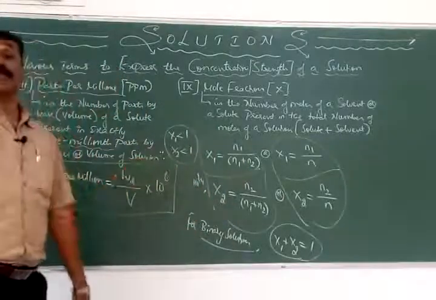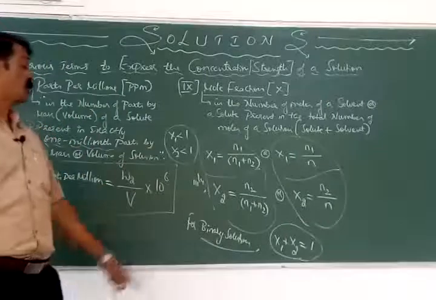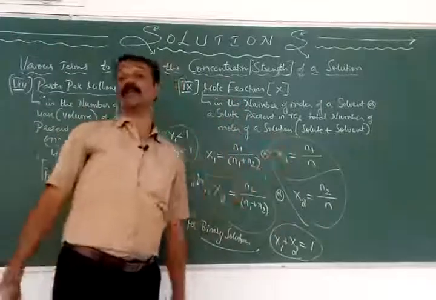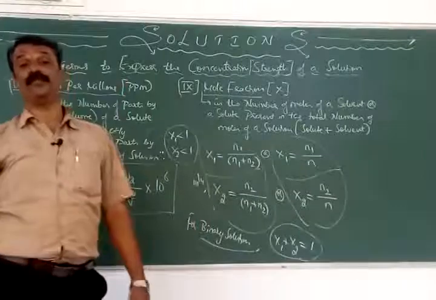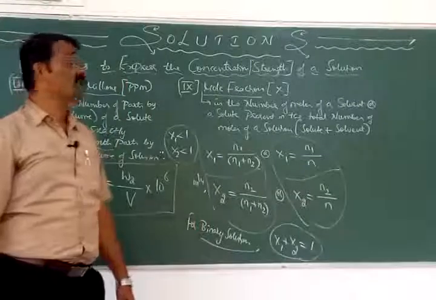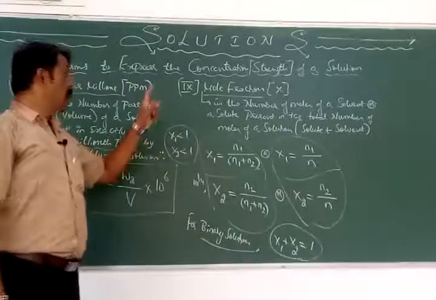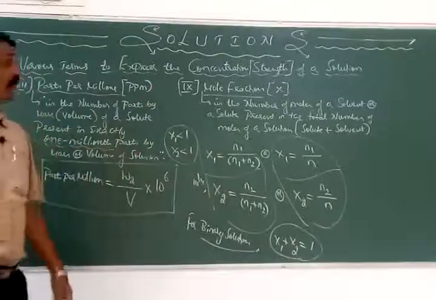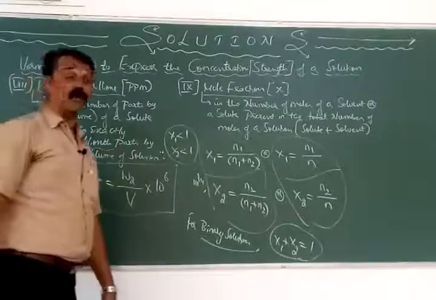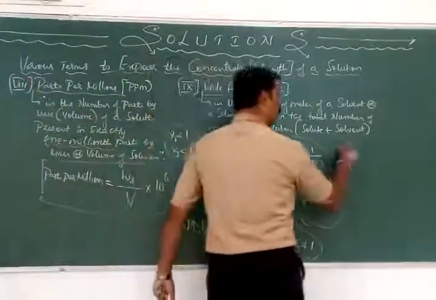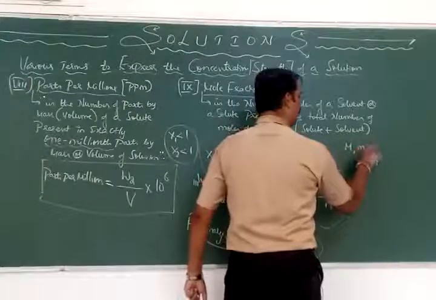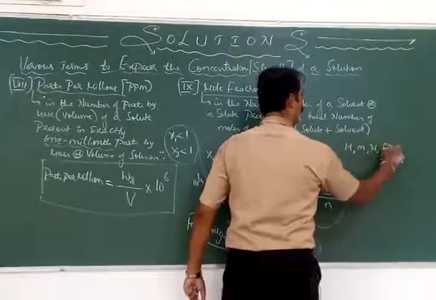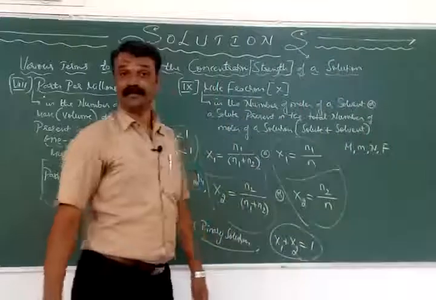But if I add the sum of the mole fractions of both the solute and then the solvent, that value is always equal to how much? It is equal to 1. So this is the last concept, in the form of which one? The mole fraction. So totally we are having how much? The 9 different concentration terms we are using. Molarity, molality, normality, formality. This is under one category.